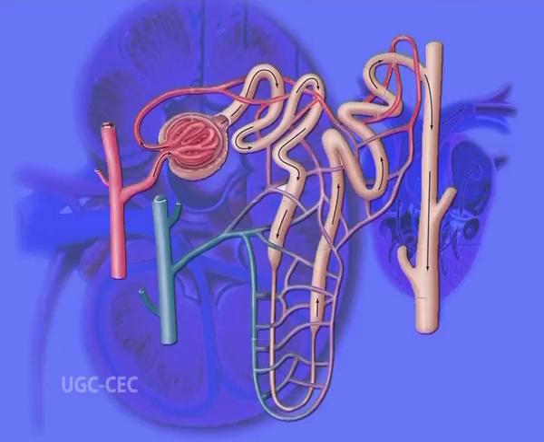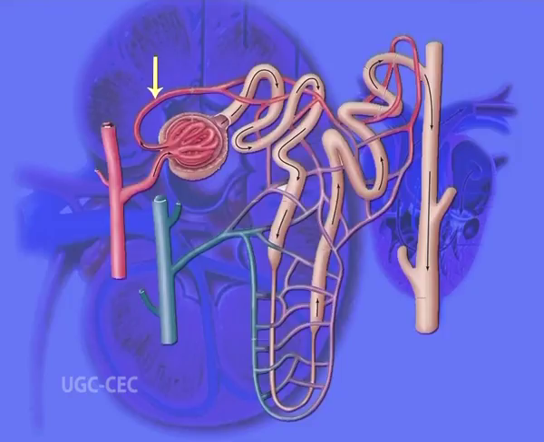Bowman's capsule. A tubule begins as a blind cup-like hollow double-walled Bowman's capsule. Glomerulus. It encloses a tuft of blood capillaries called as glomerulus. It is supplied blood by a branch of renal artery called as afferent glomerular arteriole.